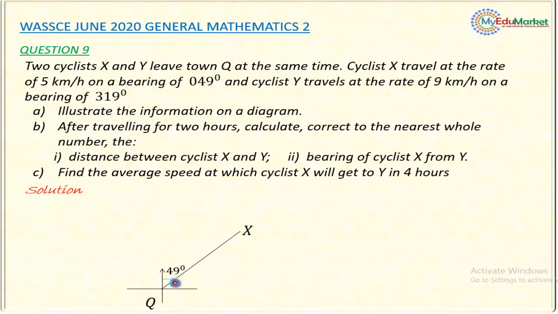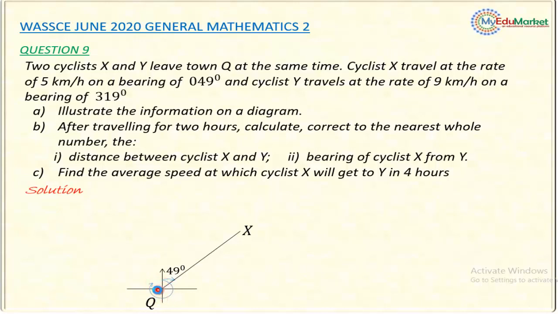I continue. Next is cyclist Y, and the bearing that cyclist Y takes is 319. From the same point Q, cyclist Y's departure point is also point Q. So we take this angle starting from the north line. I'll take 319. 319 will be in the fourth quadrant.